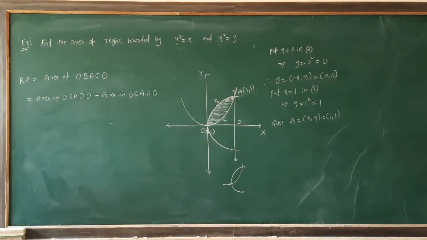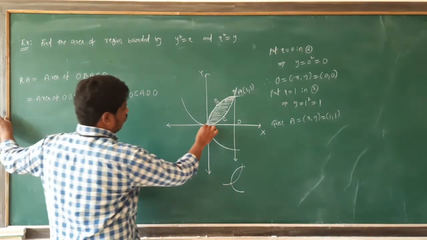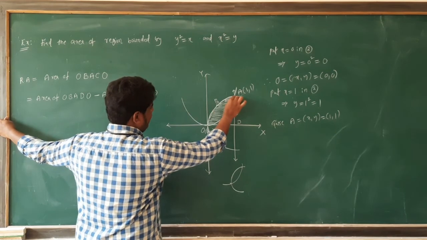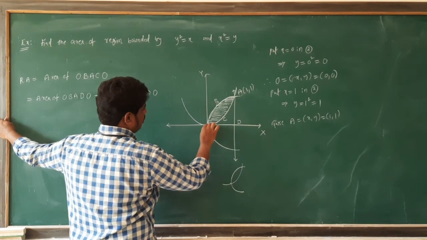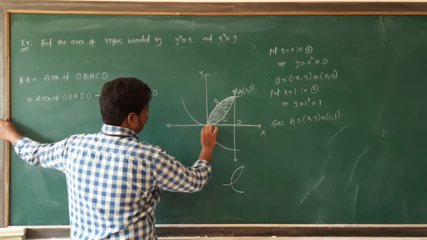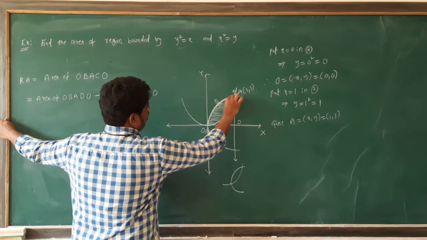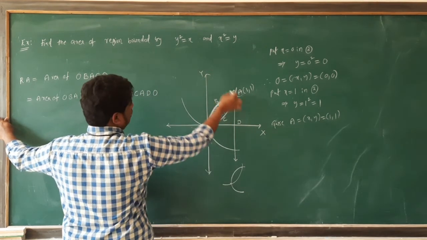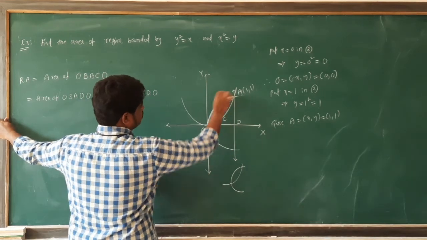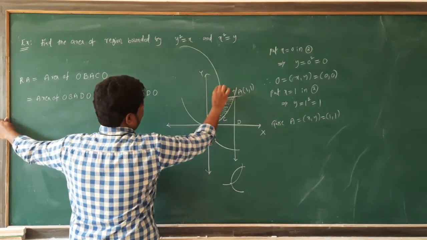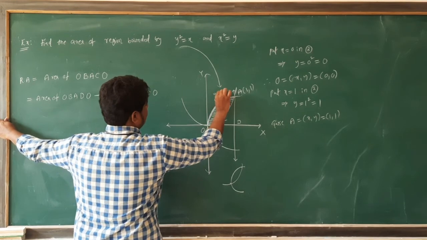First of all, where is the region O B A D O? Above the x-axis, below the first parabola. From the first parabola, y is equal to root x.